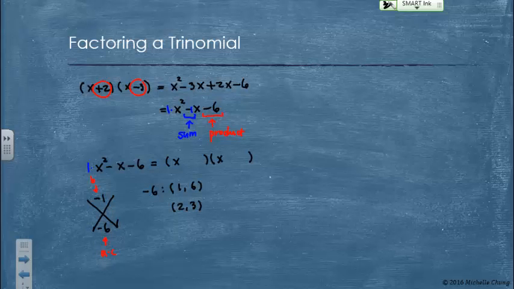When you are writing those pairs, I want you to write them in order. Because if you have big numbers and you skip around, it is really hard to see if you have all the numbers or not. For 6, we have two pairs, 1, 6, and 2, 3. And now think about those two numbers, because negative 6 is the product of those two numbers. That means one number is positive, one number is negative.